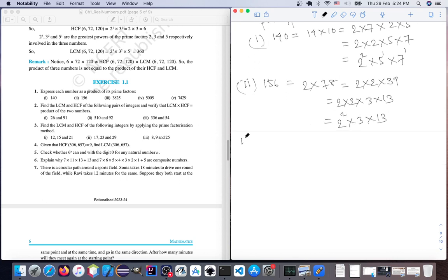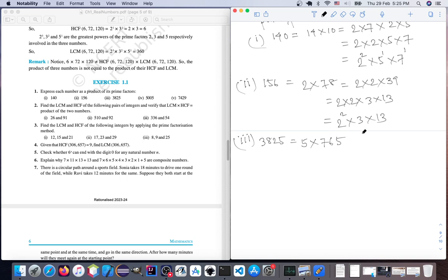So 3, 8, 2, 5. Definitely it will be divisible by 5. So let's divide by 5. What do we get? We divide by 5, we get 765.